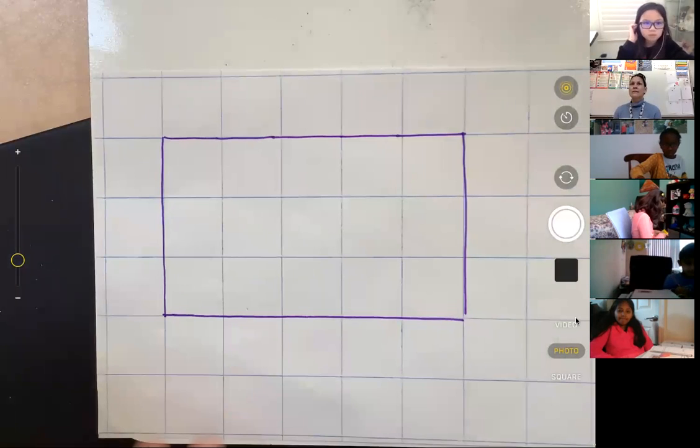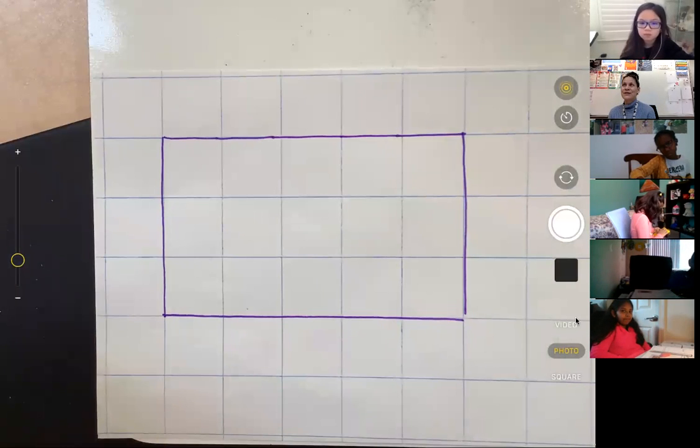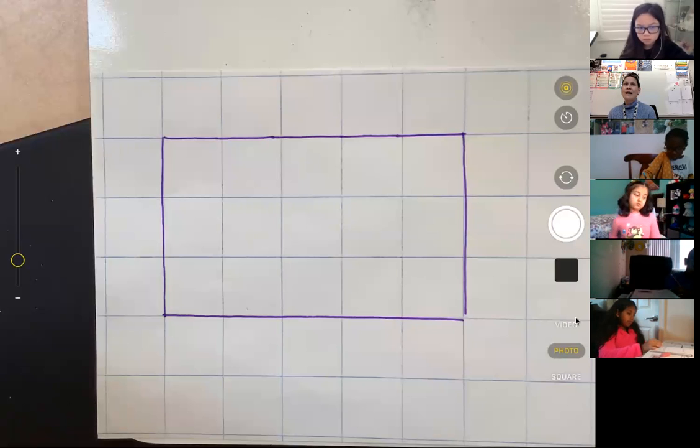And you will notice that on this scrap paper, I have created a closed two-dimensional figure, right? And we need to find the area inside this closed two-dimensional figure.